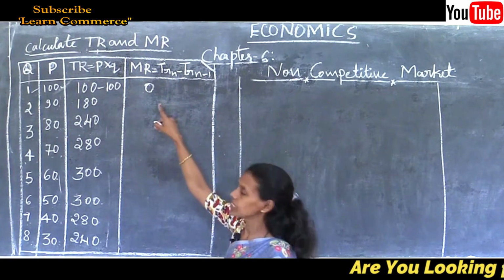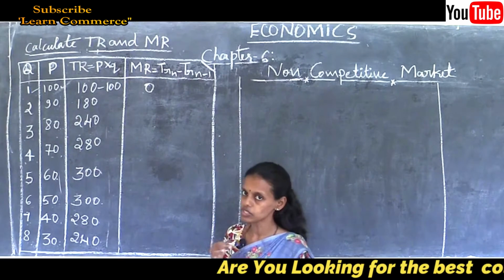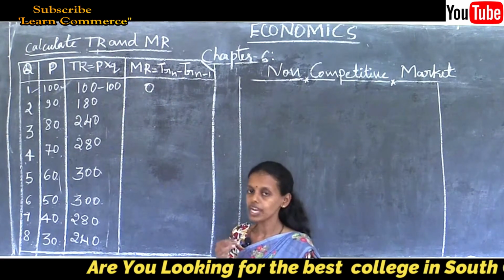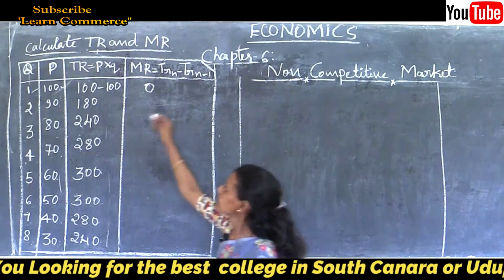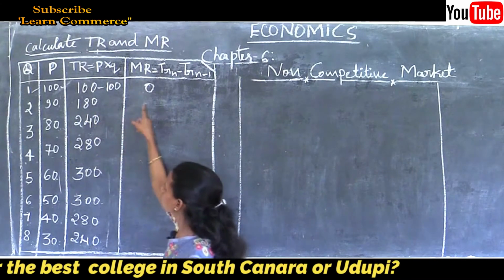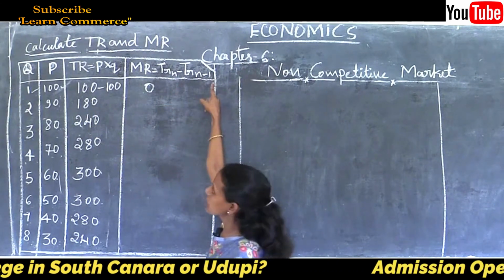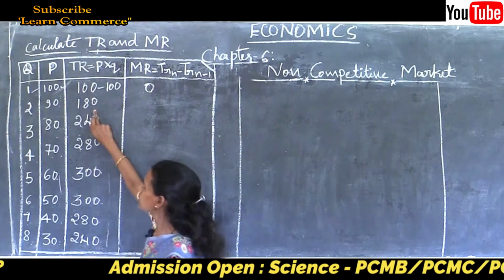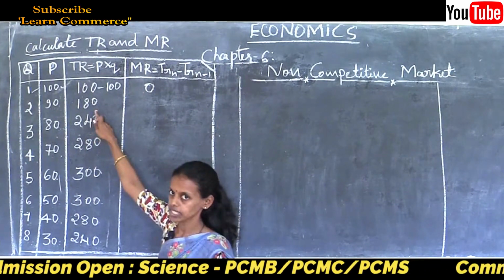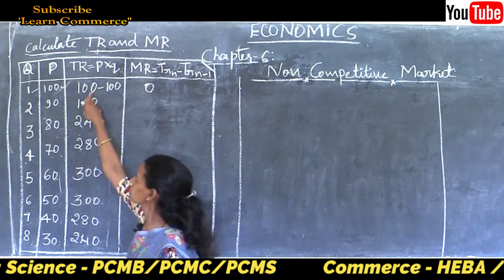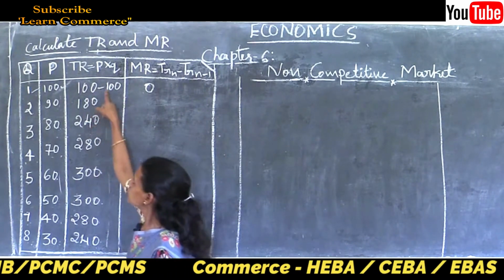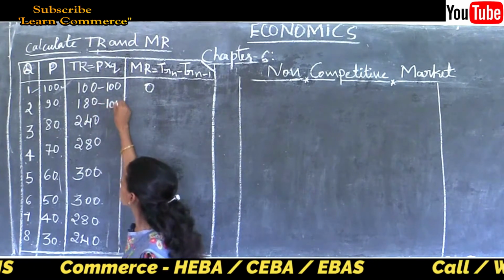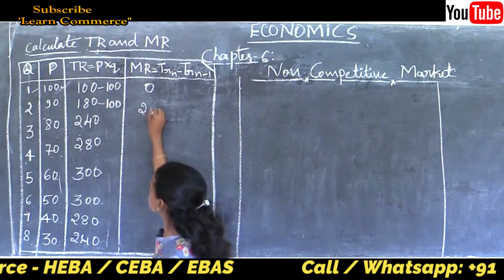So by that we can get the additional revenue. Marginal revenue is nothing but the output from the additional sales. Thus again we are going to see TRn minus TRn-1. Now TRn-1 is 100, TRn is 180. Current unit is 180, previous unit is 100, 180 minus 100, that is 80.